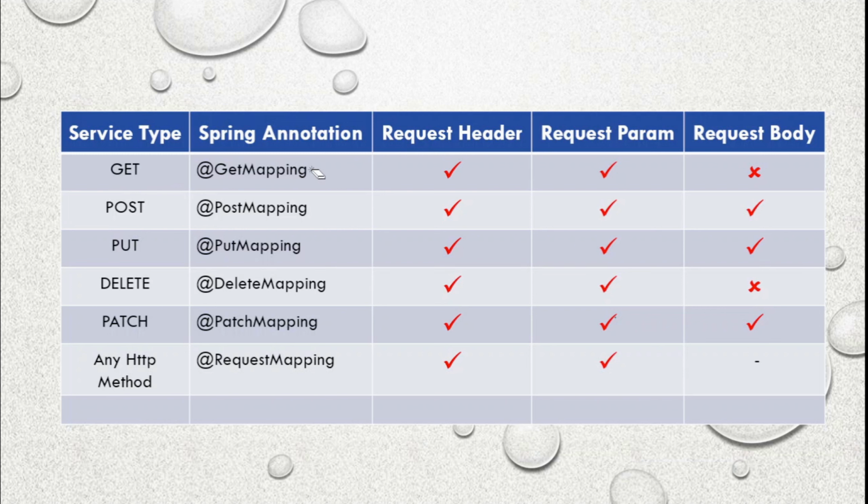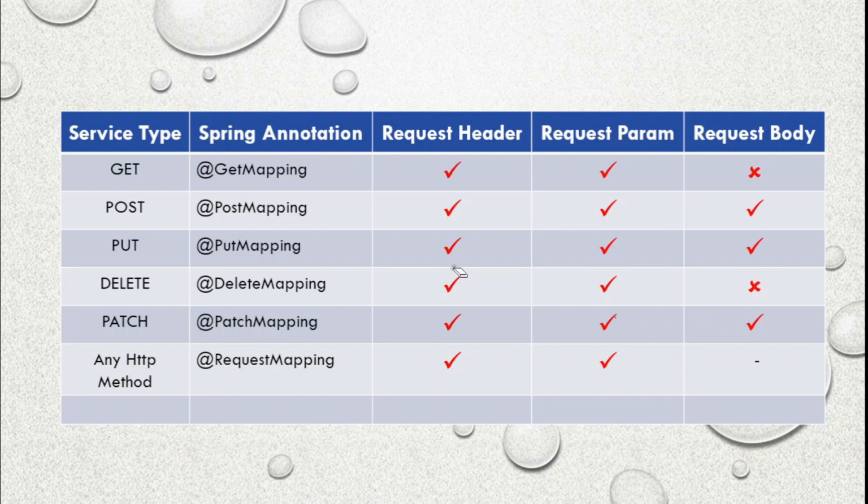Next we'll go one by one to the service implementation. We'll implement each of the services in our application, and we'll see how each service behaves and how to implement those services in our code.